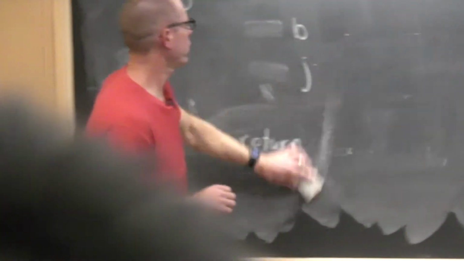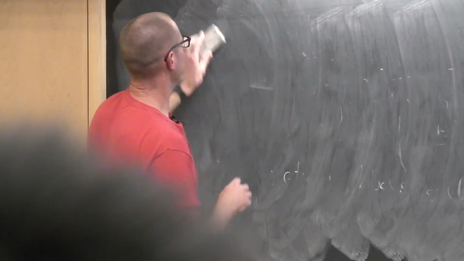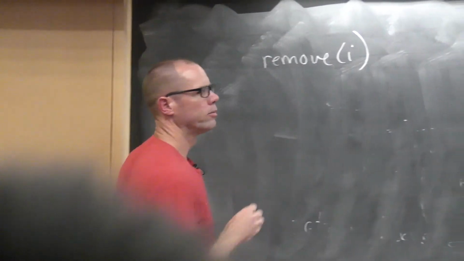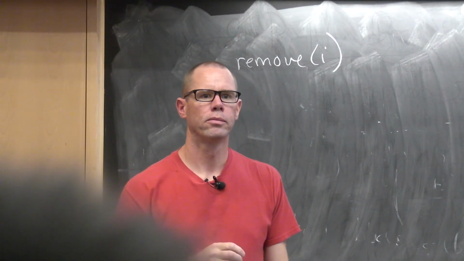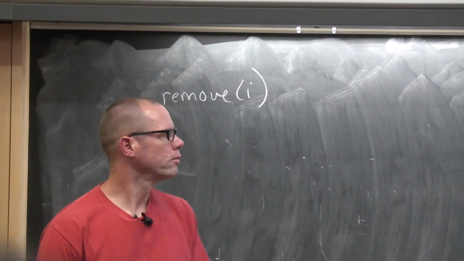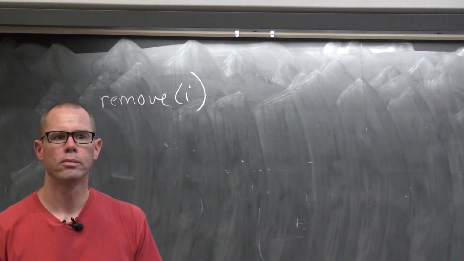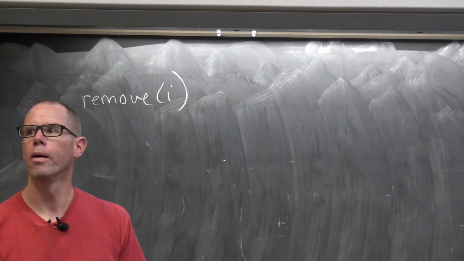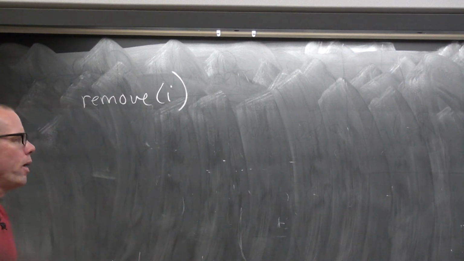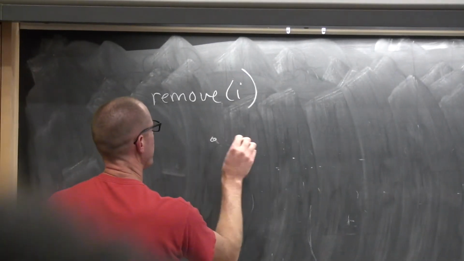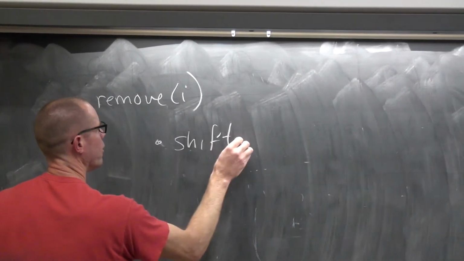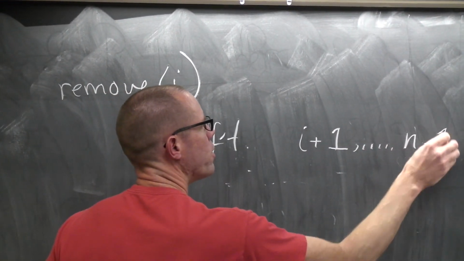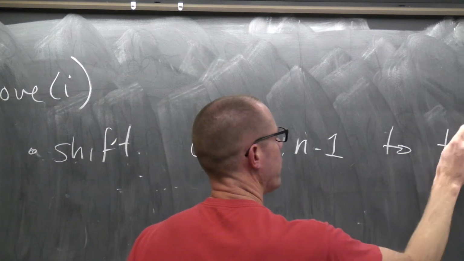What's that going to look like? If I want to remove the value at index I. Yeah. So you do something like shift elements at positions I plus 1 up to n minus 1 to the left.